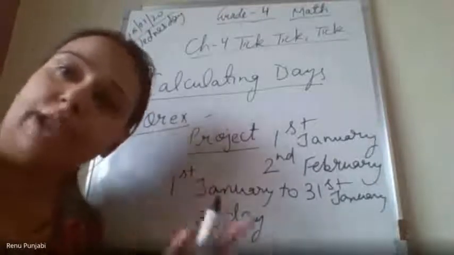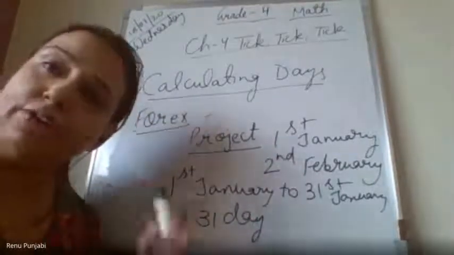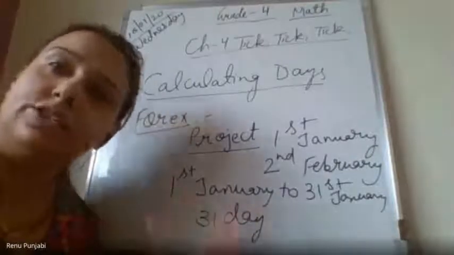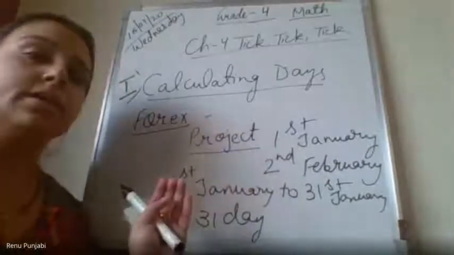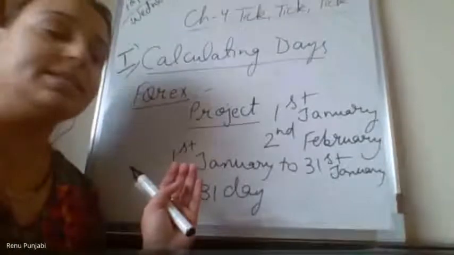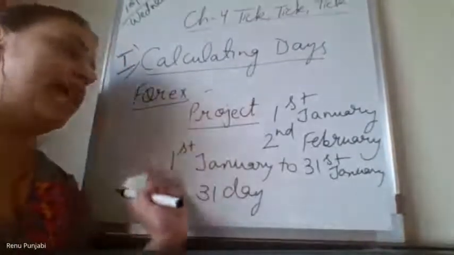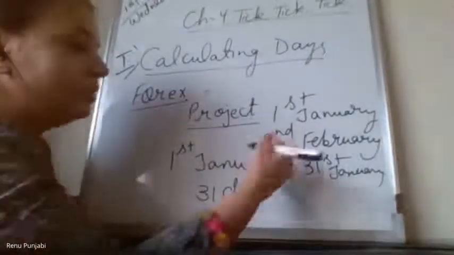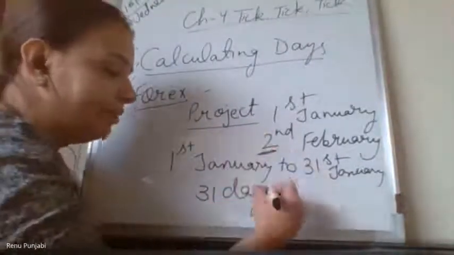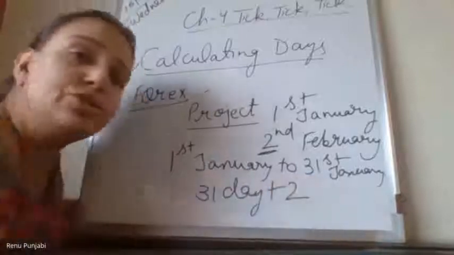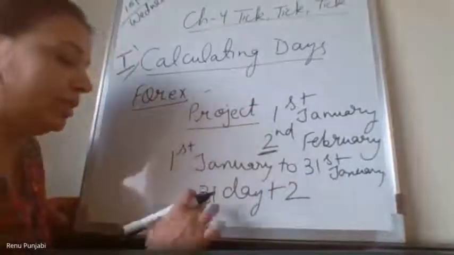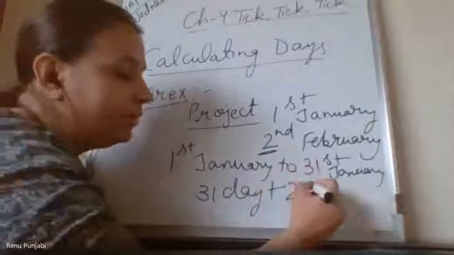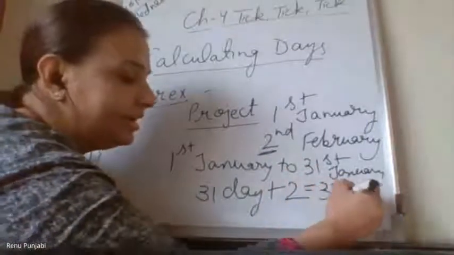Very good, children. If you know the answer, let others also understand. So it is 31 days from 1st January to 31st January. Now, 2 days are for February also. So 31 plus 2 equals 33 days.